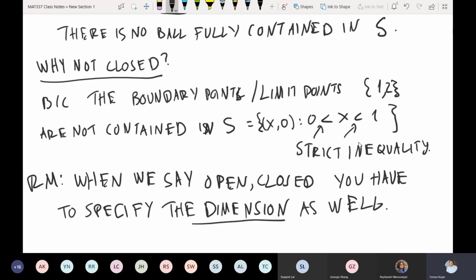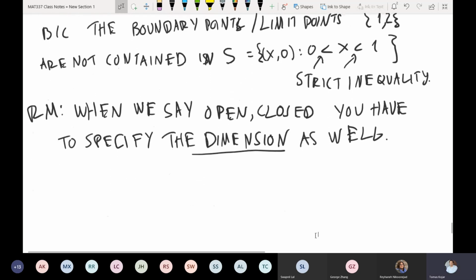Joseph says, how do we get the limit points 1 and 2? We proved this in the first hour.